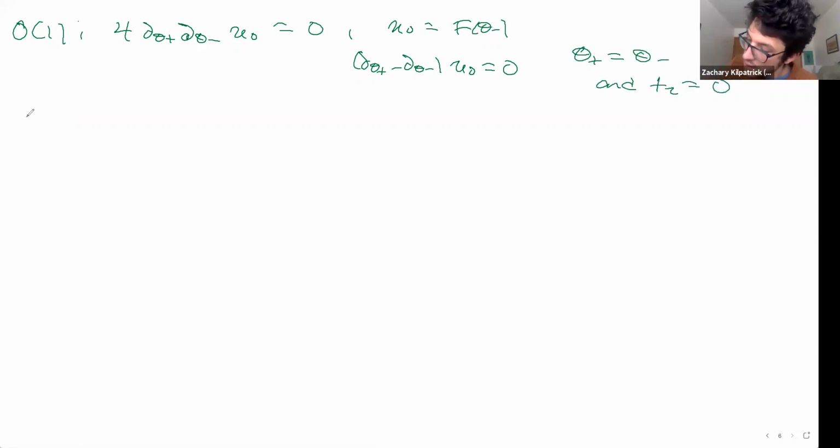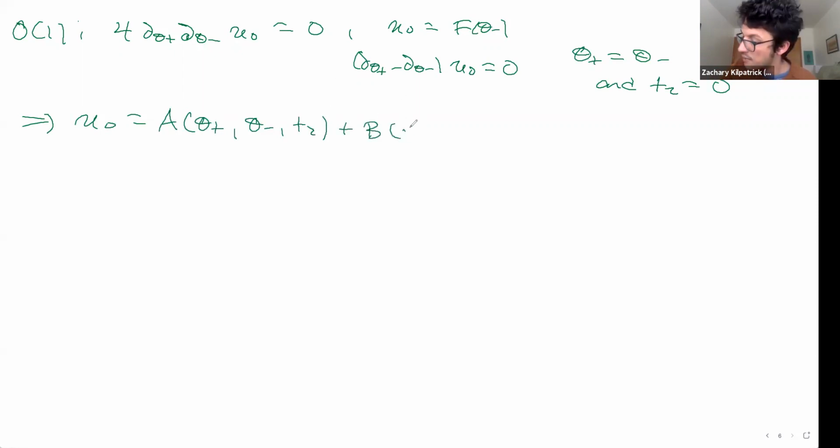So this implies then that u0 is equal to some function a of theta plus, theta minus, t2, plus b of theta plus, theta minus, t2. And notice that there's no x2 here.